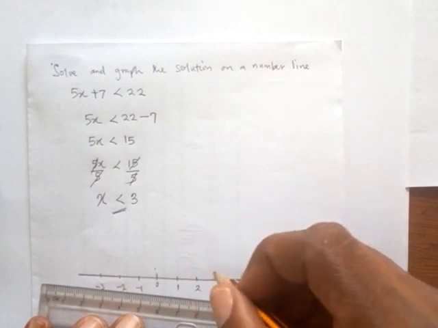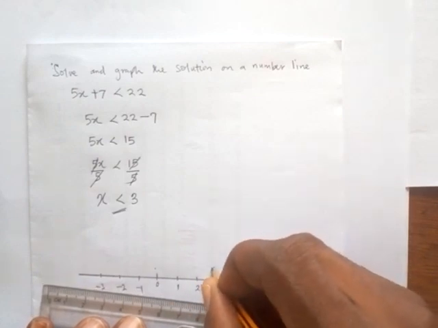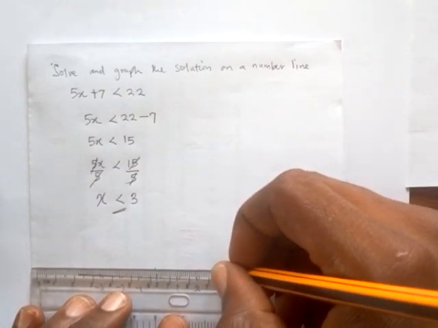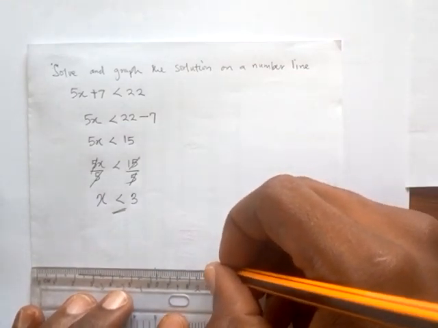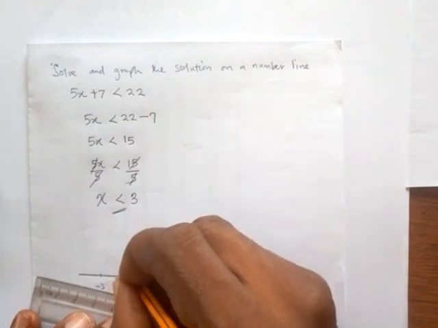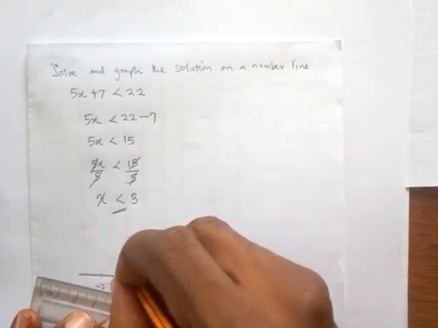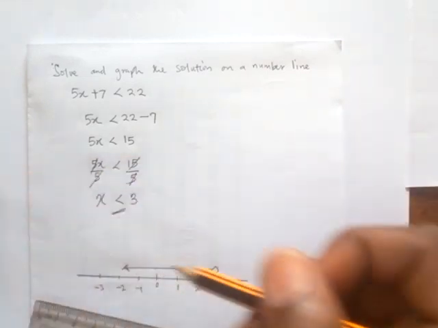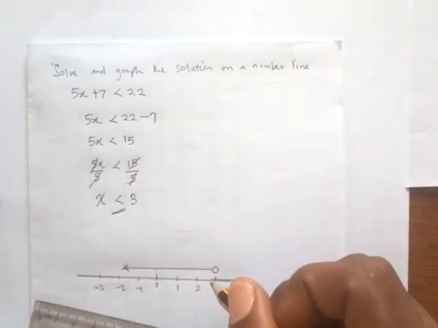You come to where you have 3 and you make a circle, and then you draw a straight line in this direction, because x is less than 3 talks about all of the values that are less than 3.